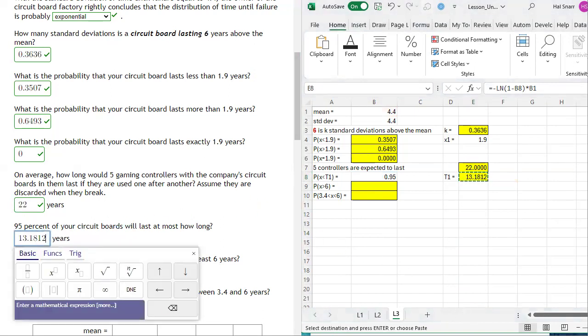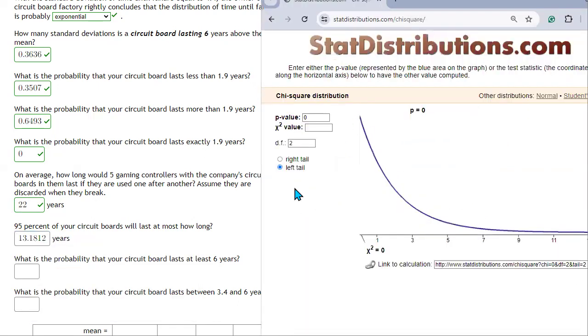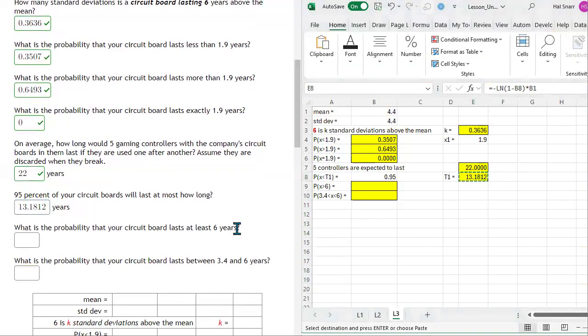So if we go back to our thing here and I do a p-value of 0.95, right? If this were my exponential function, right? Exponential probability distribution, right? And this for 0.95, this value here would be 13.1812, right? Now, what is the probability that your circuit board lasts at least 6 years? So it lasts 6 years or more.